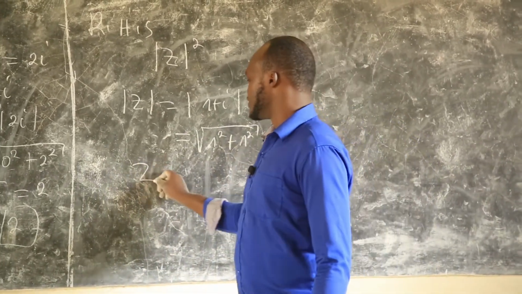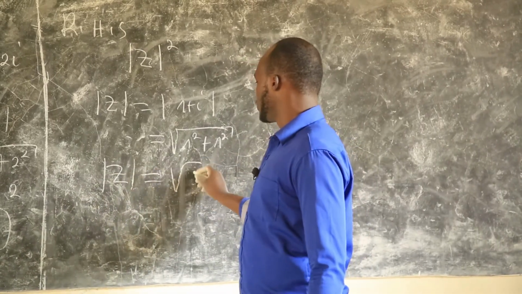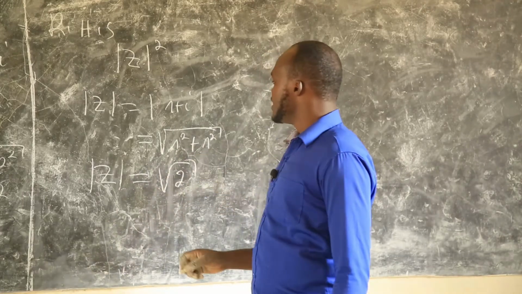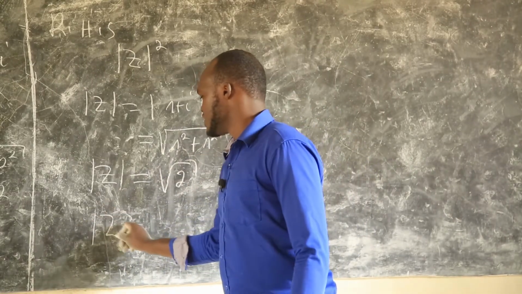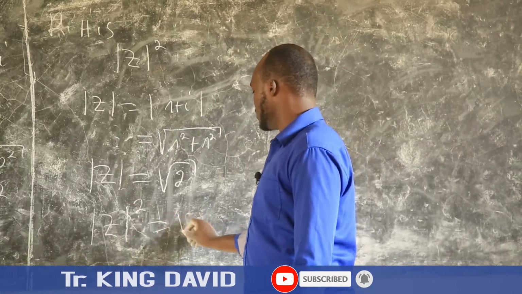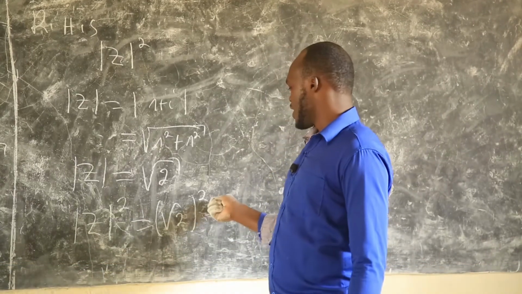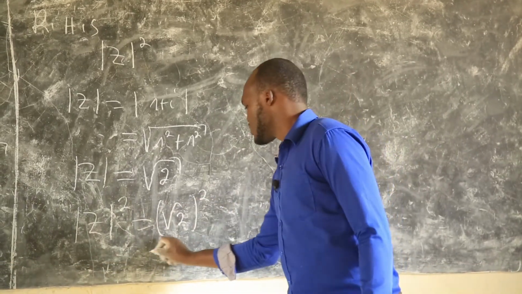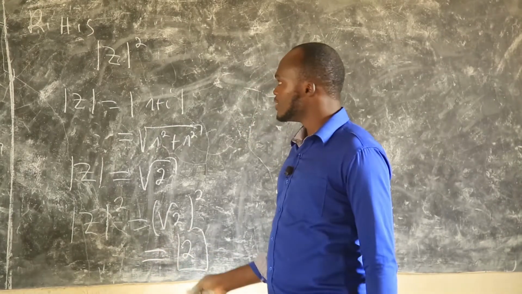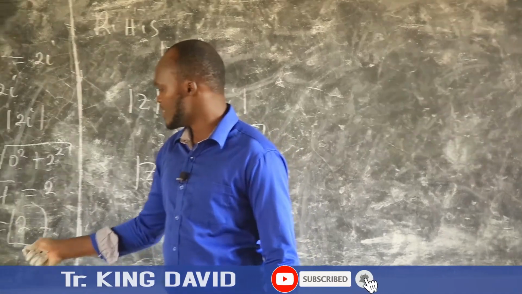So here the modulus of Z is root of 1 plus 1, that is root 2. Then the modulus of Z, then squared, is root 2 in brackets, squared. This square removes the square root. The answer is 2. You see now, right-hand side equals left-hand side.